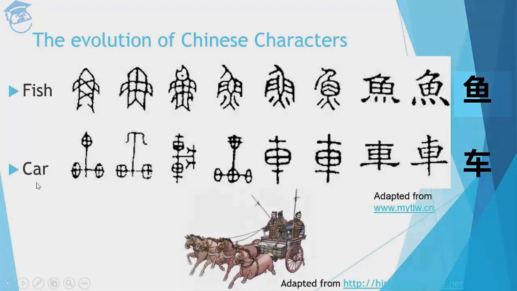And similar to car, which is the wheeled vehicle in Chinese, it first started out like this. So you can see there are wheels and something pulling the car or wagon, like the illustration here. And then gradually it becomes the character we have today.